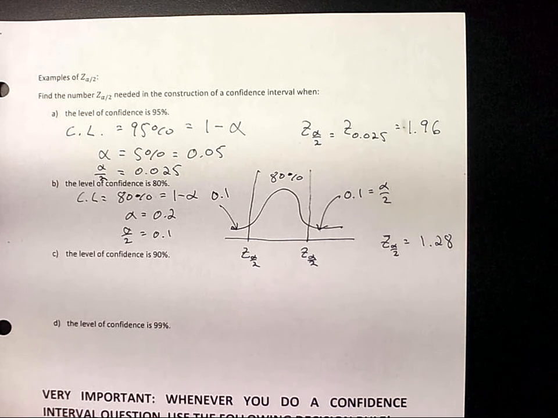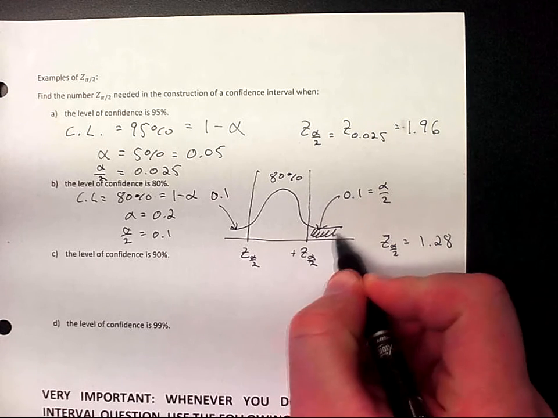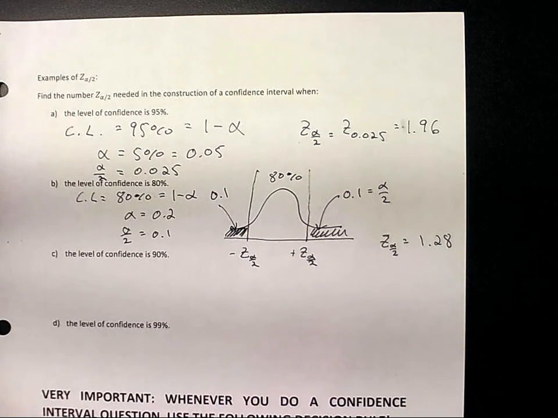Is everybody good with 1.28? Anybody need help finding 1.28? All right. So then our z value is negative 1.28, where obviously on the right-hand side it would be a positive 1.28, and over here on the left-hand side it would be a negative 1.28.